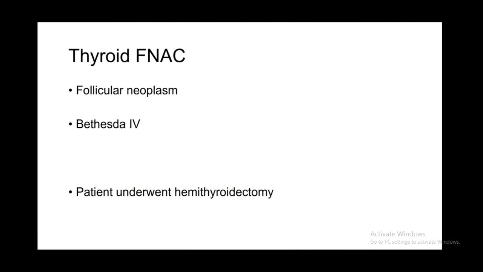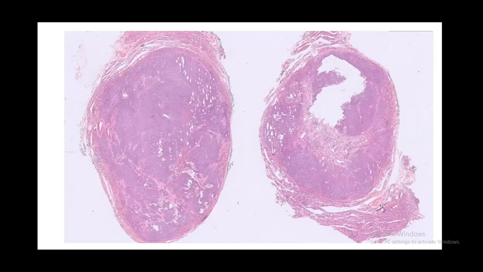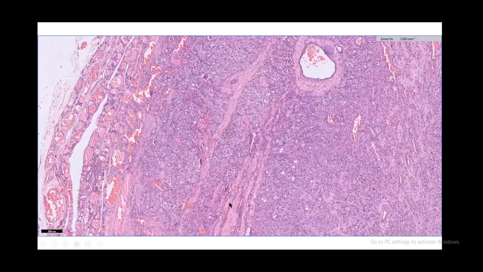The patient underwent hemithyroidectomy, and we received this tumor which was entirely confined within the thyroid. This was a well-circumscribed tumor, but did not have a complete capsule. Here we can see some fibrous bands traversing this tumor, and blood vessels can also be identified.